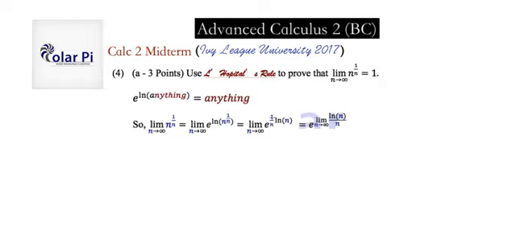One is I've noticed that 1 over n times ln of n is just ln of n over n. And then the limit as n goes to infinity, I can write in the exponent. That's a property of limits: if you have the limit as x goes to a of f of g of x, you can write f of the limit as x goes to a of g of x. And that's what I've done.